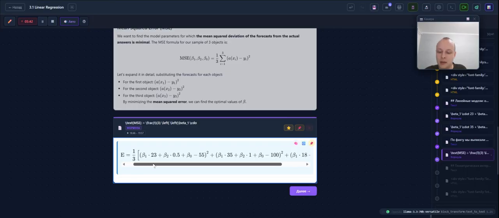We have the first object with its data as inputs, these features, and we have our second object here, and we have the third object right here. In this case, we can see that we don't have our second feature.